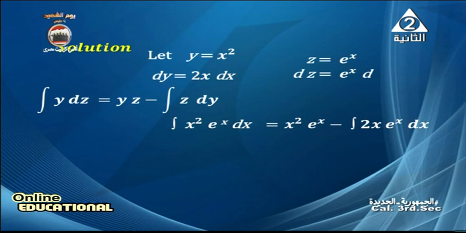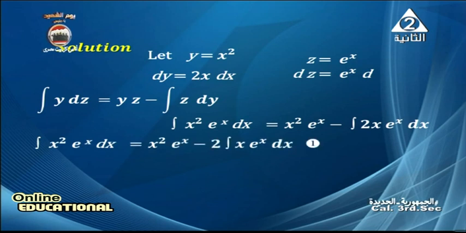Now, we use the integration by parts another time. Then equation number 1, which is integration of x power 2 e power x dx, equals x power 2 e to the power x minus 2 integration e to the power x multiplied by x dx.